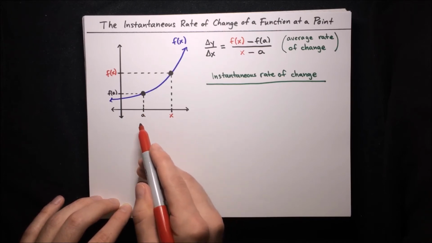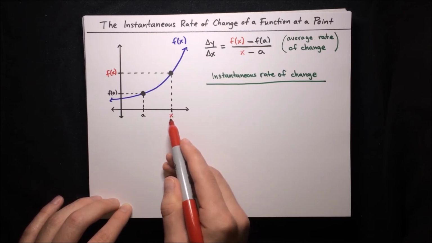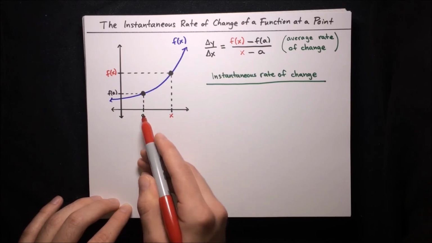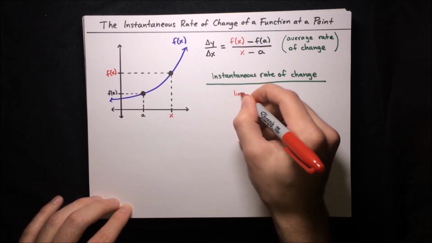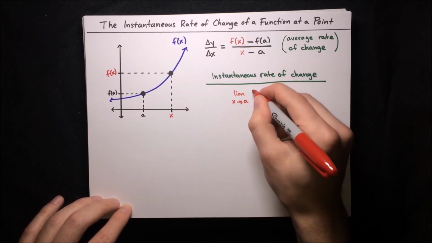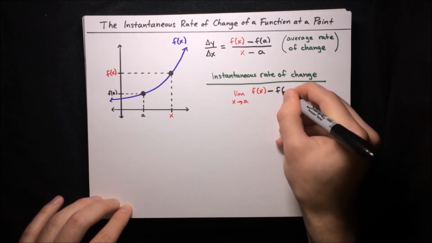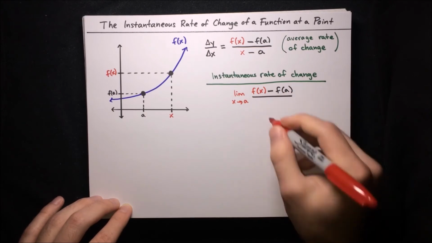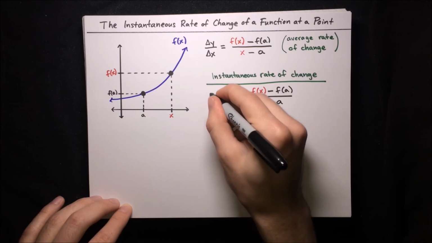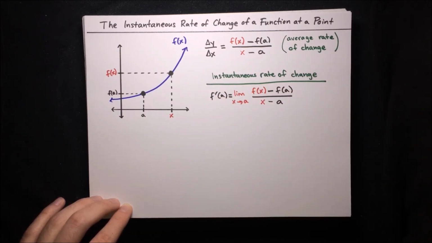Now when we have our interval in terms of endpoints rather than a length of the interval, the way we let our interval get smaller and smaller closer to a is we let the right endpoint x approach a. So we just take the limit as x approaches a of this average rate of change, f of x minus f of a over x minus a. And again, we just denote that as f prime of a, the instantaneous rate of change of f at the point a. So there we go.